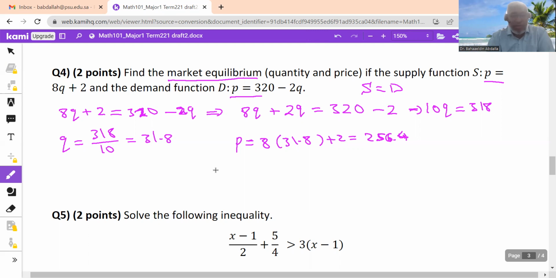So my answer is correct, but maybe the numbers here are not well prepared as I mentioned. So the correct answer is Q equals 31.8, which is the independent variable here, and P depends on Q. So this is the market equilibrium.